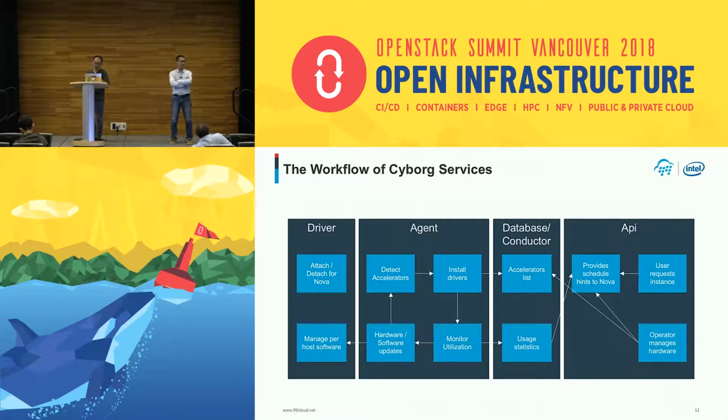At first, for one cycle of operations, the user or the application will call the API of Cyborg services, and then Cyborg services will talk with the Nova scheduler, or not Nova, it's the placement services. It collaborates with these services together for the scheduling support for hardware.